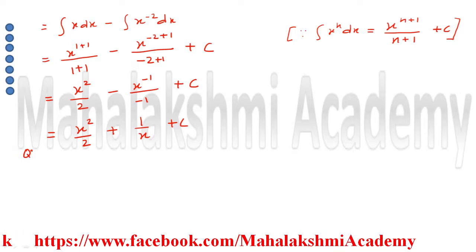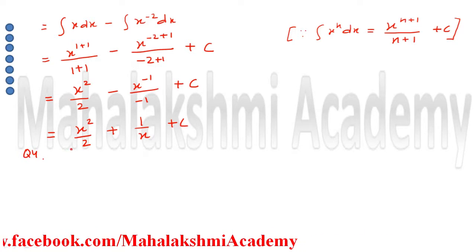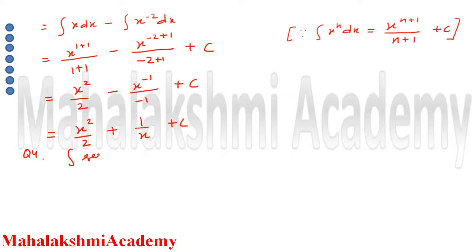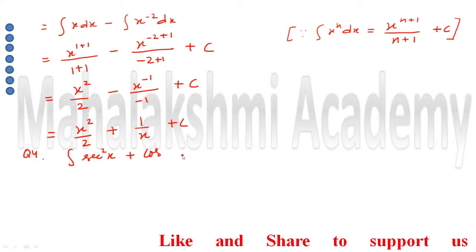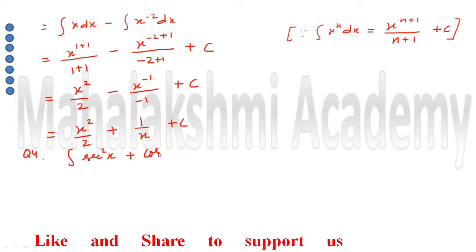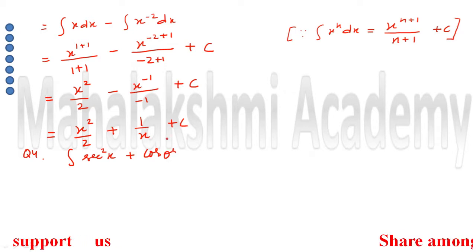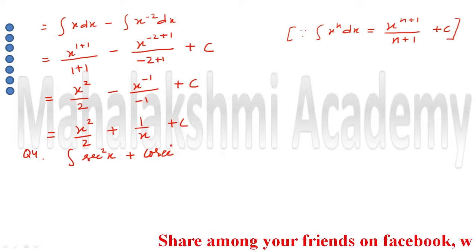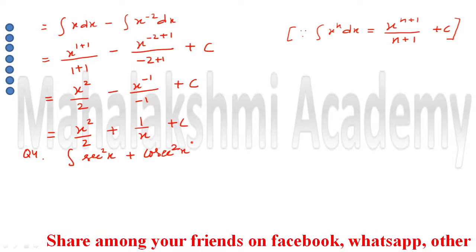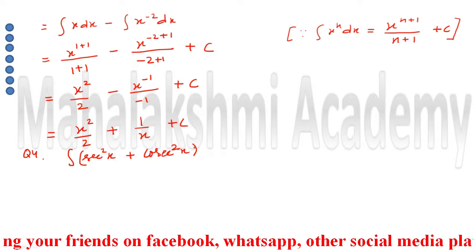Question 4 is, we have to integrate sec square x plus cosec square x, then bracket close, dx.